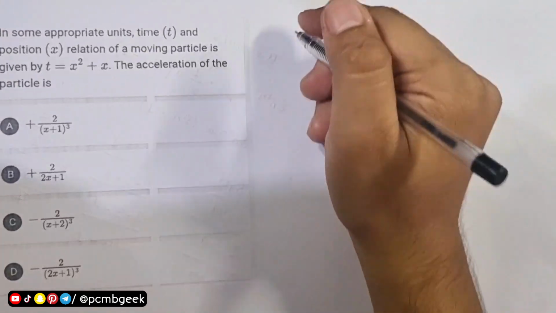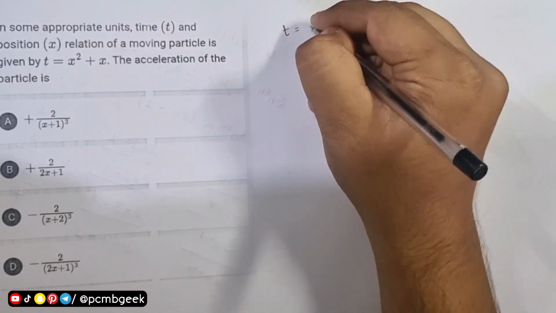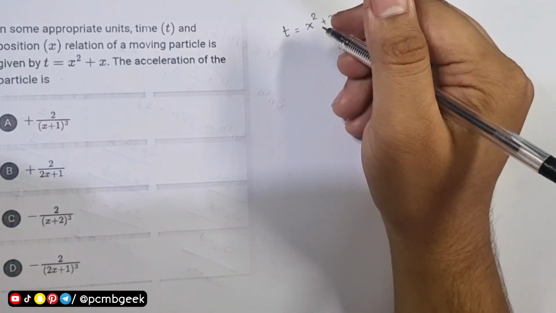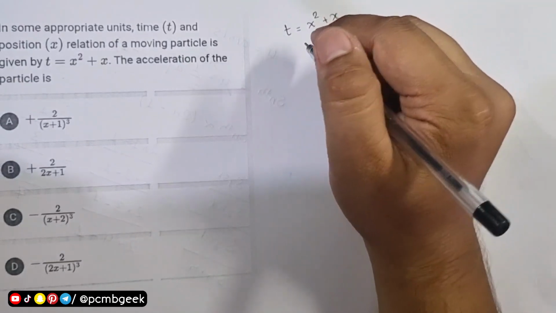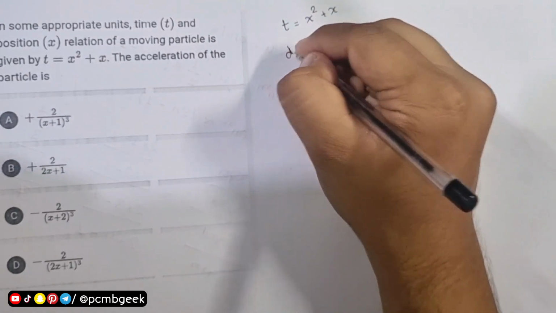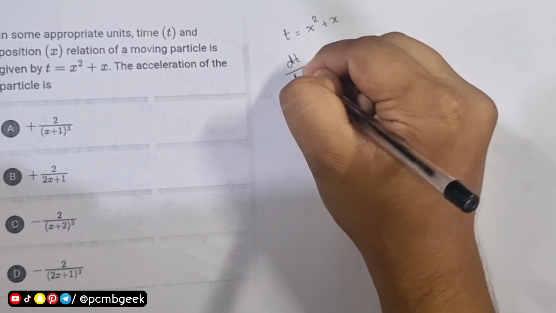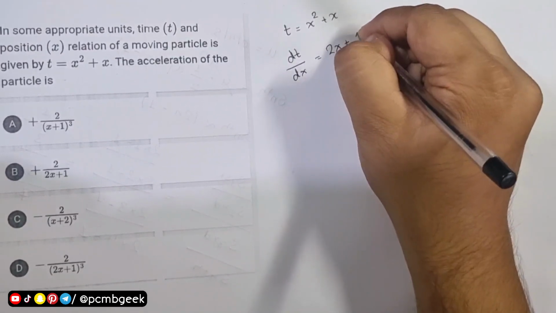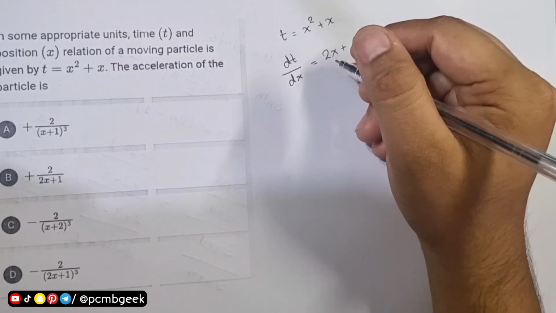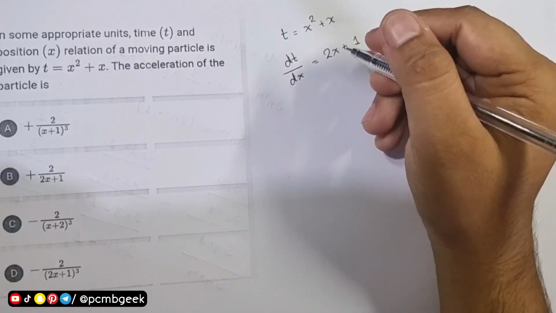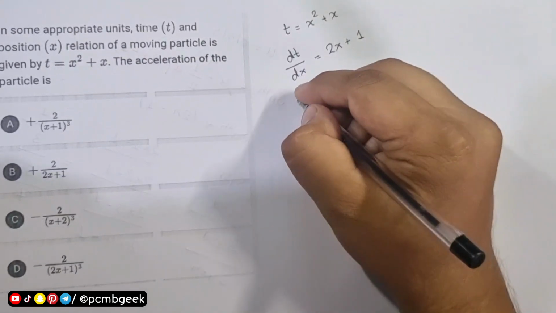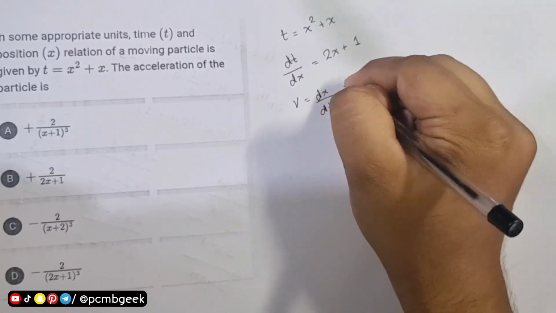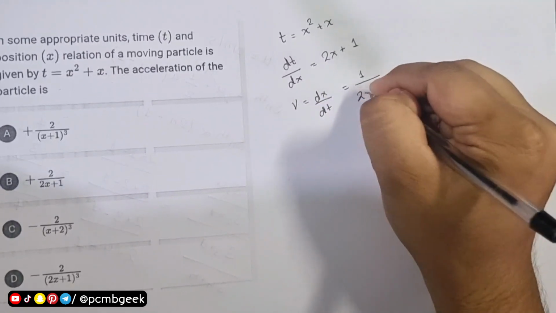Given is the time t as a function of displacement, that equals x square plus x. Now if we differentiate time with respect to x, we get dt upon dx equals 2x plus 1. Now the velocity is the inverse of derivative, that is v equals dx by dt, so it equals 1 upon 2x plus 1.